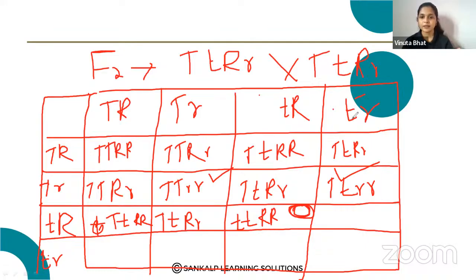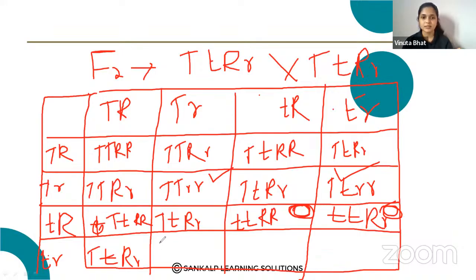Next one, small t, small t, capital R, small r. This is also a red color flower producing dwarf plant. Last one here, capital T, small t, capital R, small r. So this is a red color flower producing tall plant. In total, 9 red color flower producing tall plants were produced.